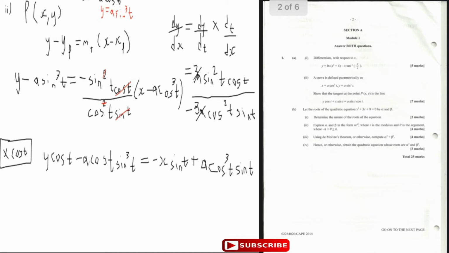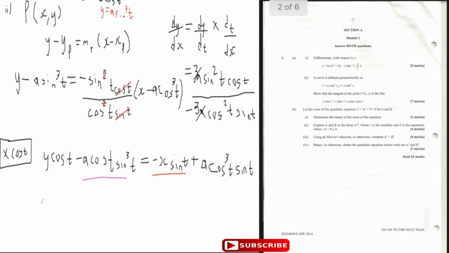So look at what we're trying to prove. Notice that there's no cube. Since there's no cube, let's just group them together. We notice that we have a y cos t and an x sine t. So we're going to bring this over to this side, and this over to that side. Let's do that and see what happens.